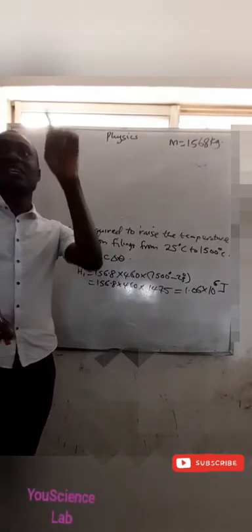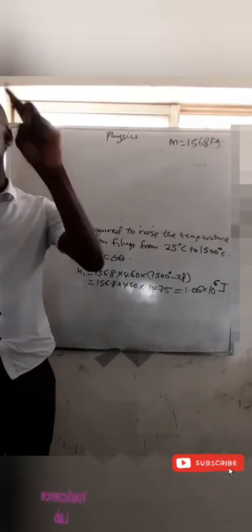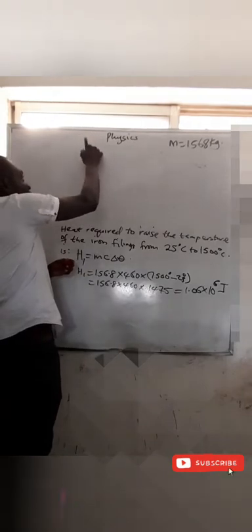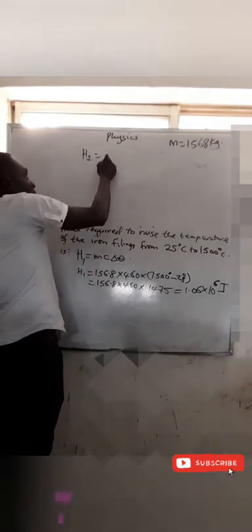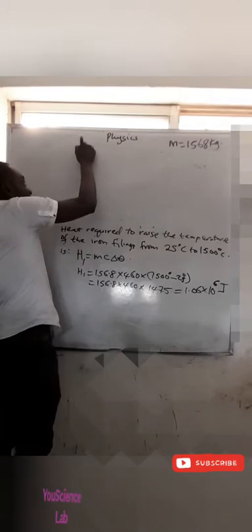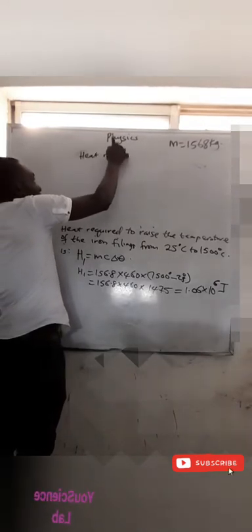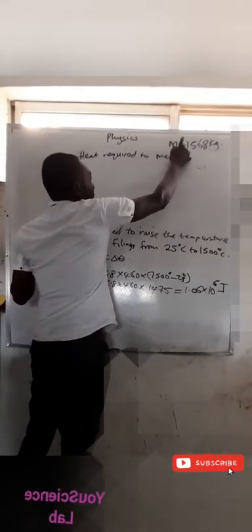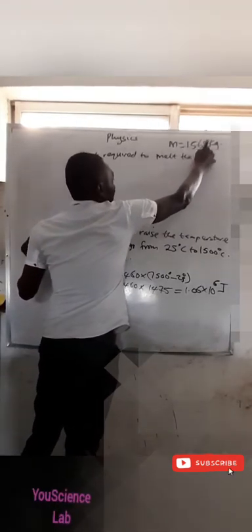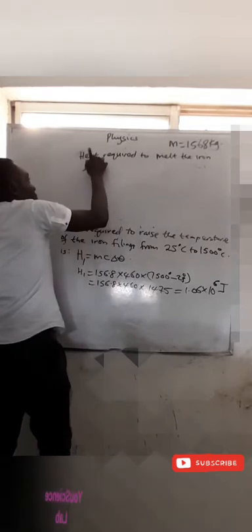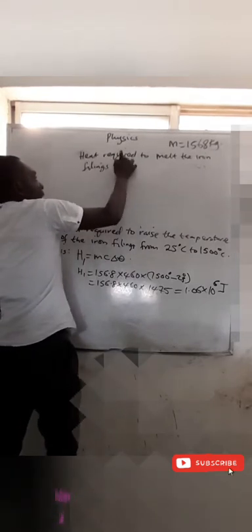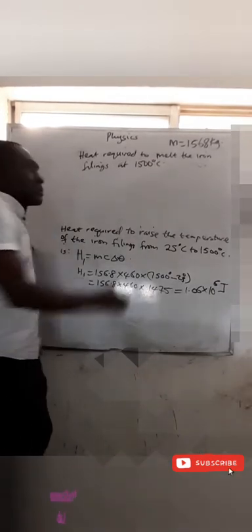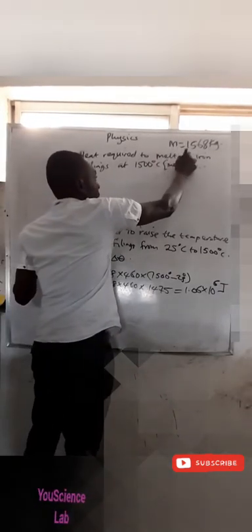So that is the heat supplied to the body due to the latent heat. I'll call this H2: the heat required to melt the iron filings at 1500 degrees centigrade. That's the melting point, is that not?